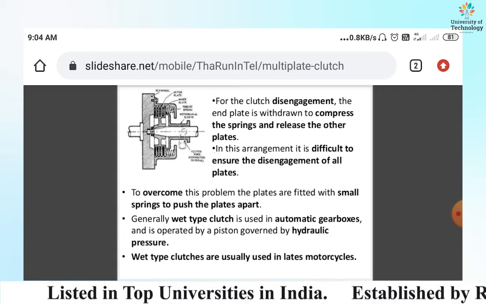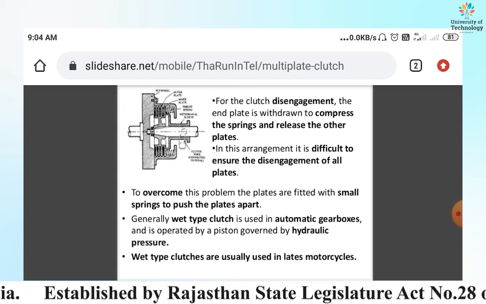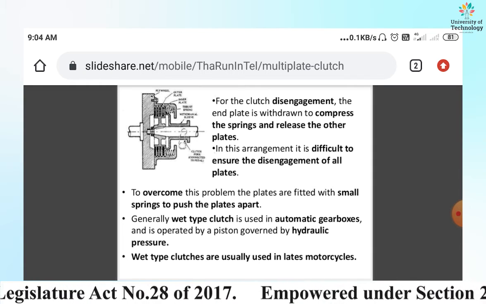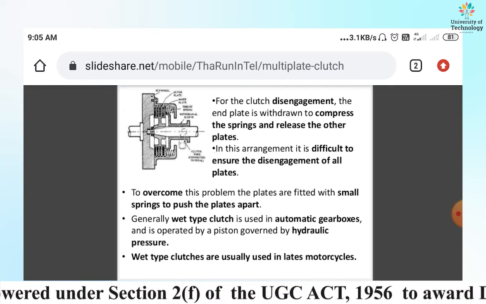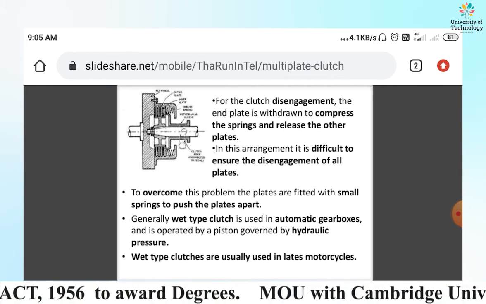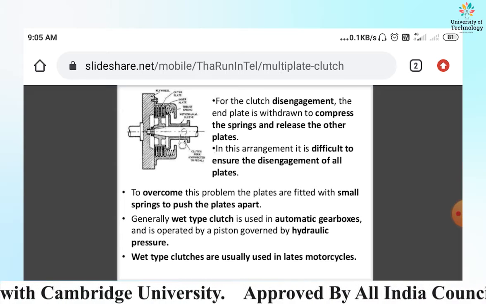And a line diagram of the clutch plates of the multiplate clutch is shown. For clutch disengagement, the end plate is withdrawn to compress the springs and release the other plates. In this arrangement, it is difficult to ensure the disengagement of all plates.